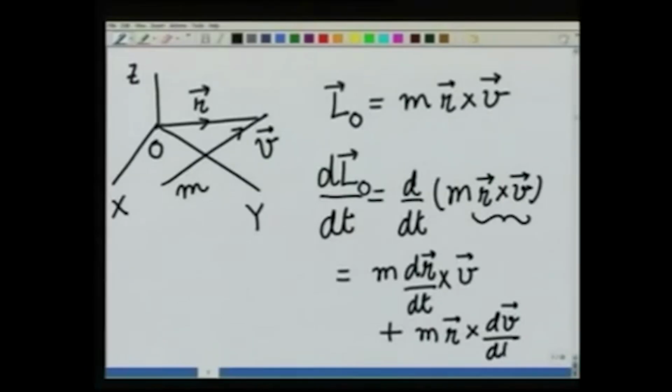dv/dt. As I said earlier, if you are not comfortable with using the vector quantities directly, take the component of r cross v, maybe take the x component, which would be equal to y v_z minus z v_y.